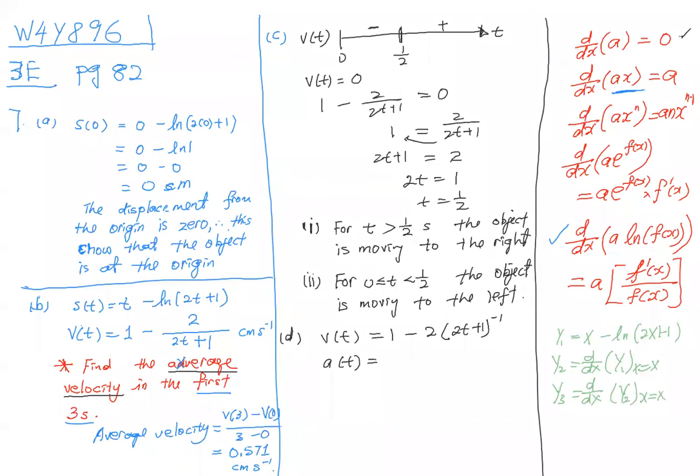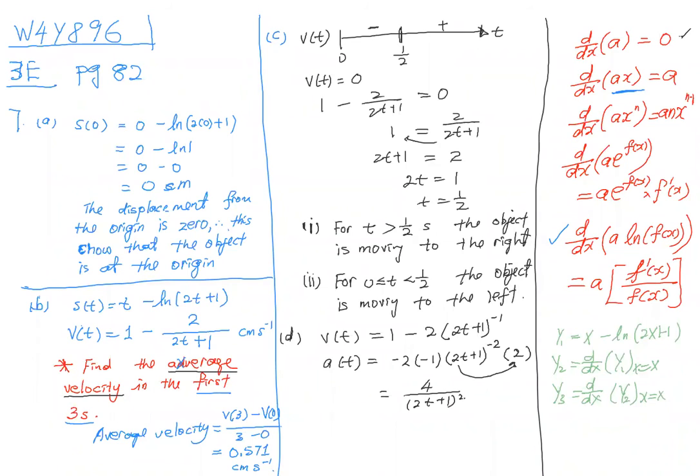So when we differentiate this, 1 is a constant, so it's no changes. So this one, minus 2, I have to use the chain rule, bring down the power, copy down the whole thing, power take away 1, then I have to times by the derivative of 2t, that is 2. So in total, it will be 4 over 2t plus 1 squared.